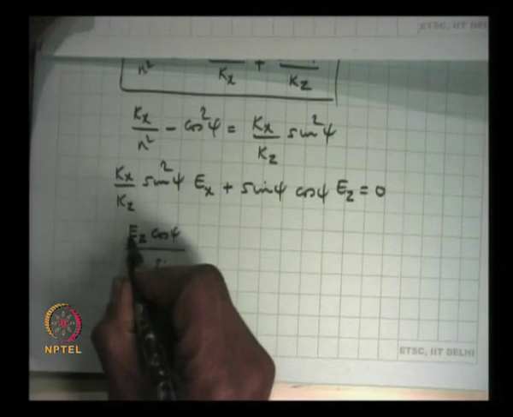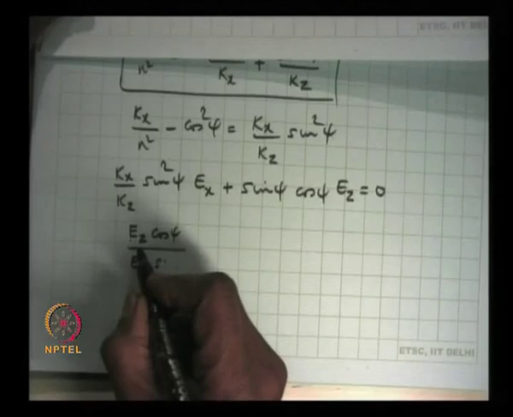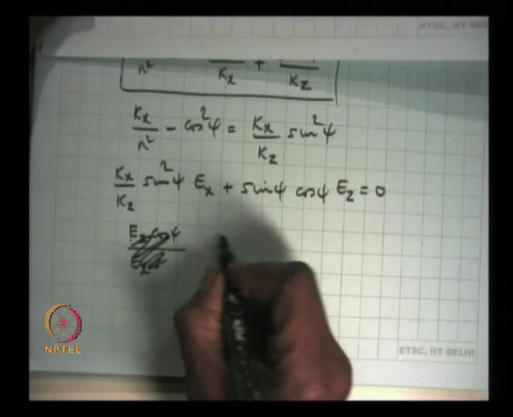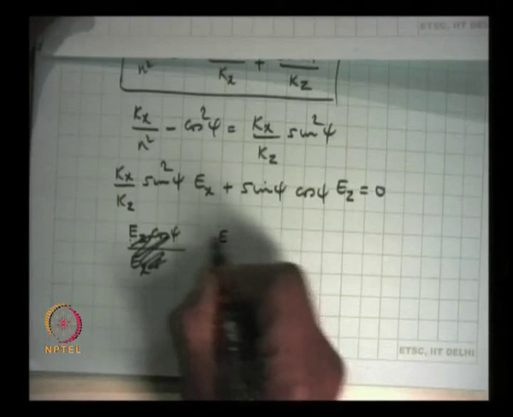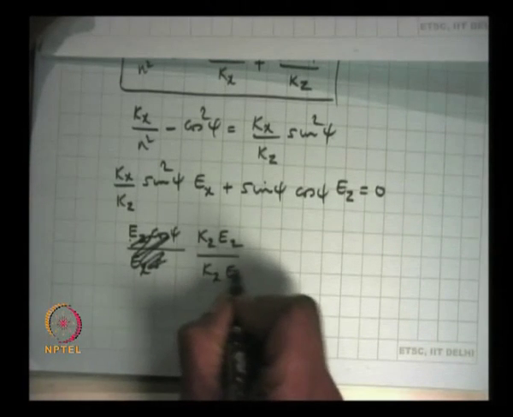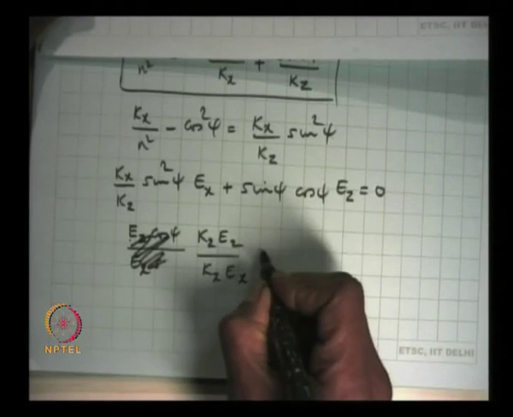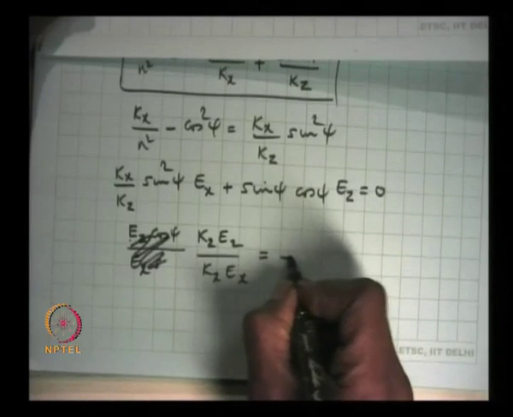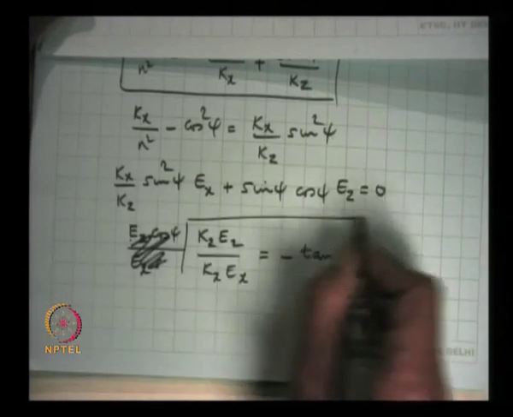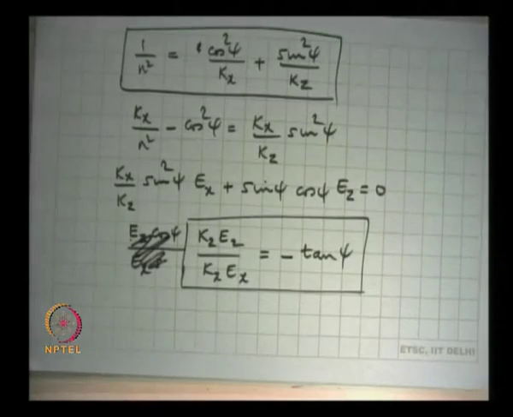Let me write like this: kz Ez by kx Ex is equal to minus tan psi.